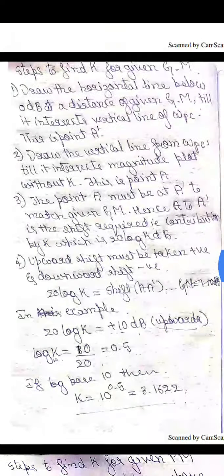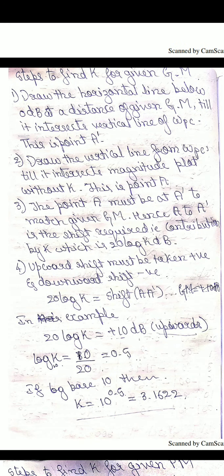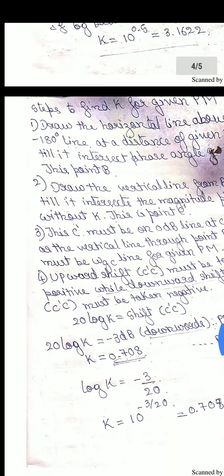Next, what are the steps to find out the k value? First we shall see the steps. Draw the horizontal line below 0 dB at a distance of the given GM, meaning gain margin, till it intersects the vertical line of omega pc. This is point A dash.